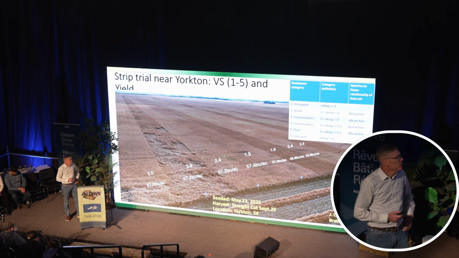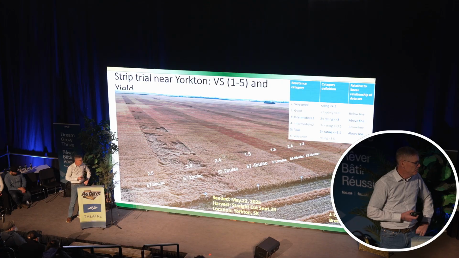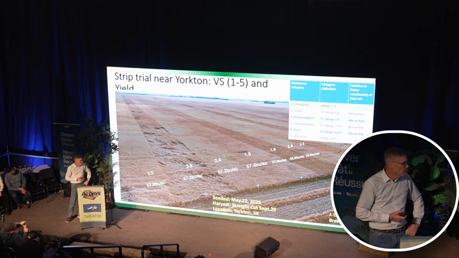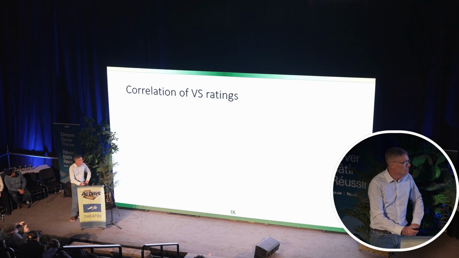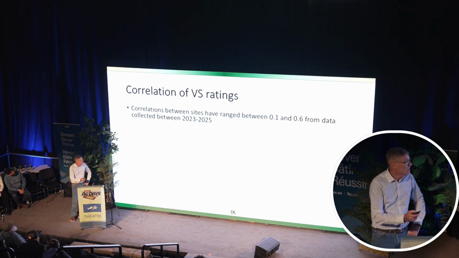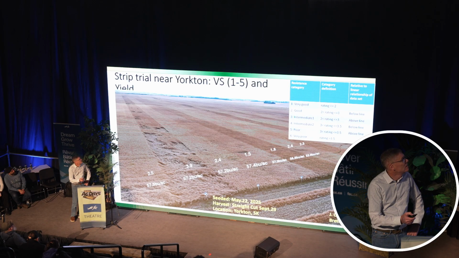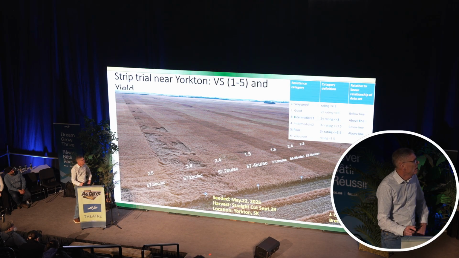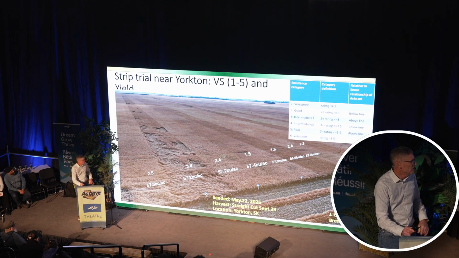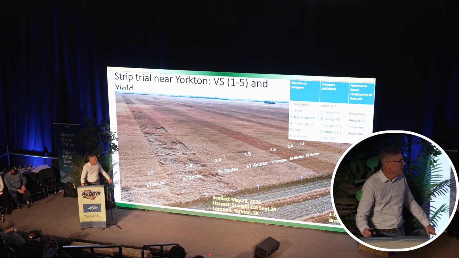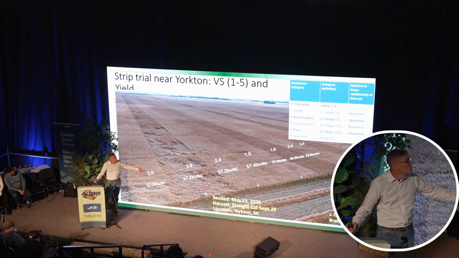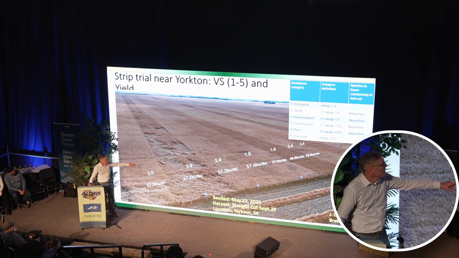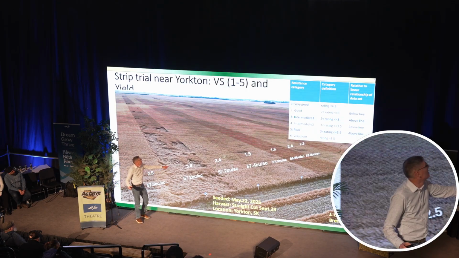I got this picture from Justine Cornelison. It's a strip trial that Brett Young grew near Yorkton last summer. What you can see here is that the yields were quite similar, but these are the Verticillium ratings that were taken, and one of them was a 4.